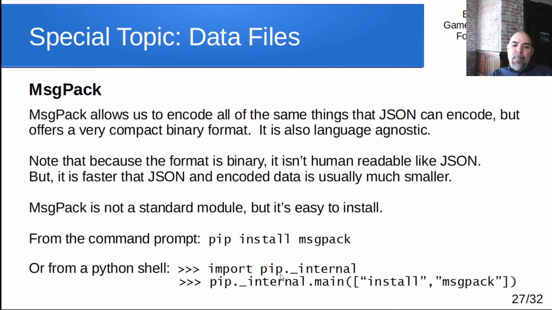You can say import pip._internal, and then do pip._internal.main, and then pass to it install MsgPack. Notice that's the same thing that you're putting on the command line here, but we're passing it directly to the main function of pip that we loaded into Python. And I like to do these from inside of a Python shell, just because I don't have to worry about the path being set for pip correctly or something like that, or getting a wrong version of pip for whatever version of Python I'm on. But this will work most of the time.